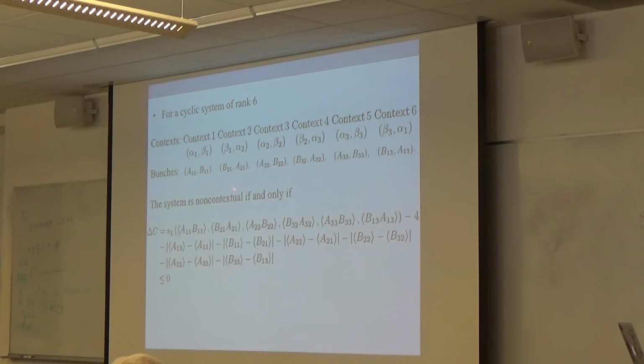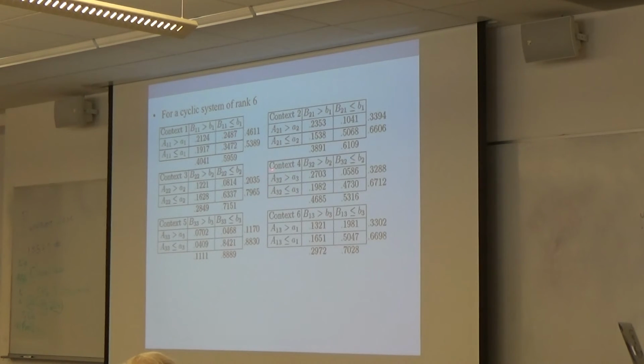Okay, so a cyclic system of rank 6 can be formed in a 3x3 system. Here I present what the contexts, bunches, and delta C functions are in a cyclic system of rank 6. This is an example of a distribution for a cyclic 6 system.